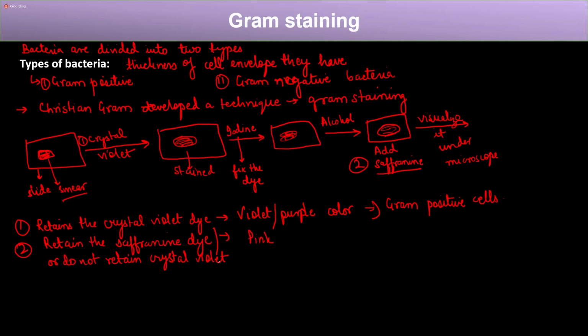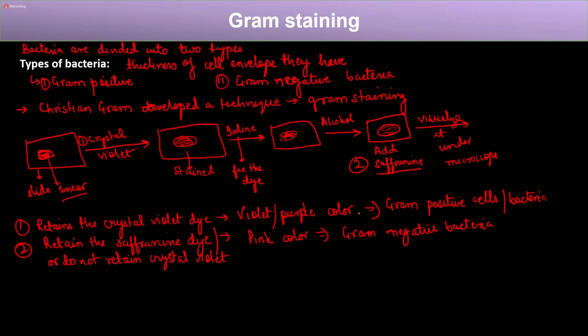So they have not retained the crystal violet but retained the safranin, so they appeared pink. And these bacteria are called gram-negative bacteria. So the first one is gram-positive cells or bacteria, and the second is gram-negative bacteria.